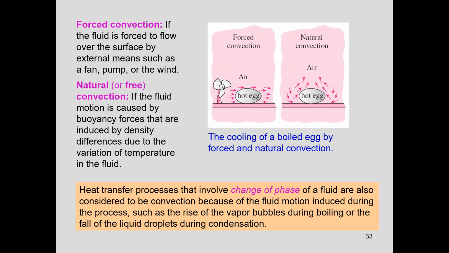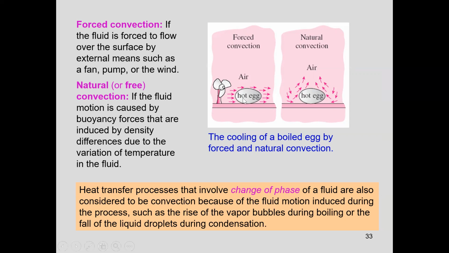Forced convection is basically when you have a fan or a pump or wind that is forcing the convection. Whereas natural convection is when the fluid motion is caused by the buoyancy forces that are induced by the density differences due to the variation of the temperature of the fluid.